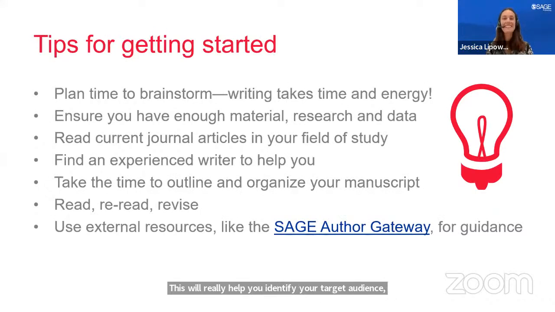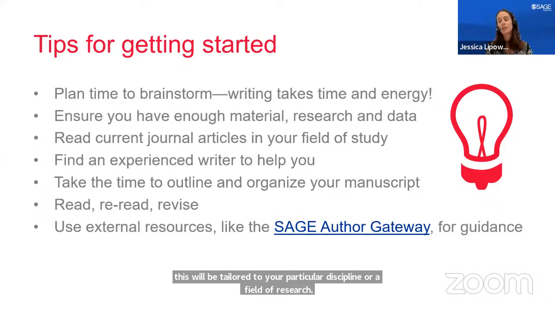Take time to get started, because writing, as we all know, can take a lot of time. So block out time in your schedule to brainstorm. Ensure you have all of your materials, research, and data gathered in front of you. And then read current journal articles in your field of study. So what we're covering here today is a high-level overview, and of course, much of this will be tailored to your particular discipline or field of research.